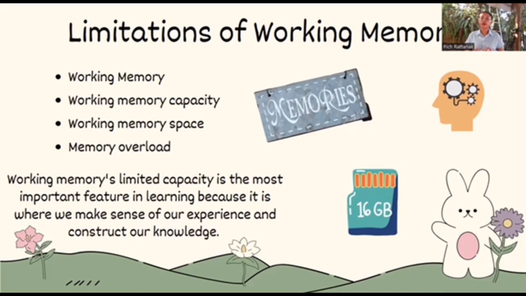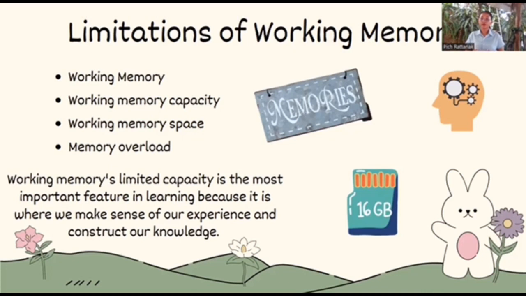For example, let's say you learn a new theory, like skill theory of cognitive development. We try our best to manage and make sense of that information and store it in our brain. But if we have no more space for that lesson, you cannot make sense of it.